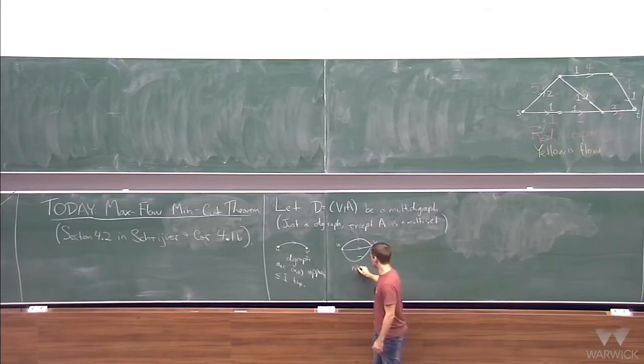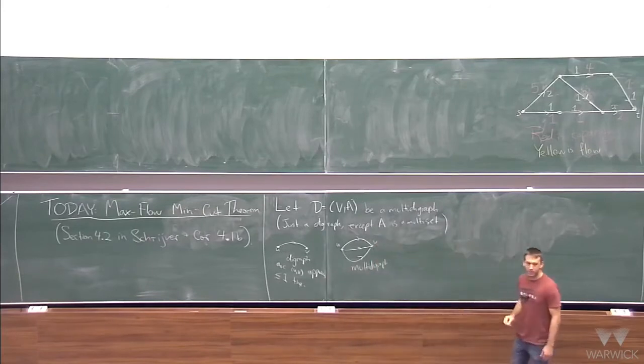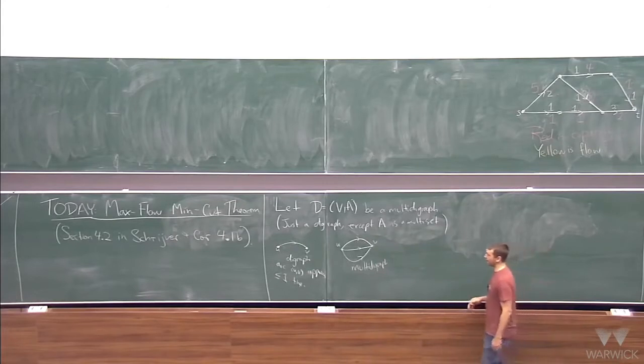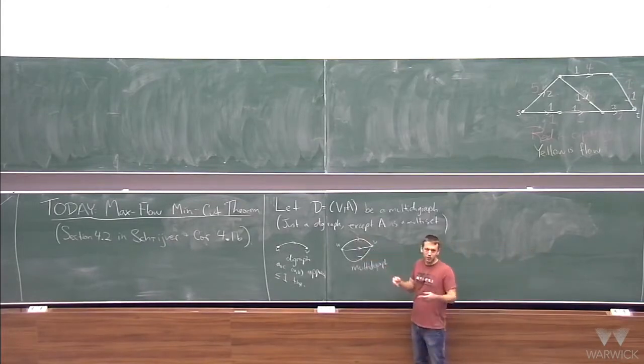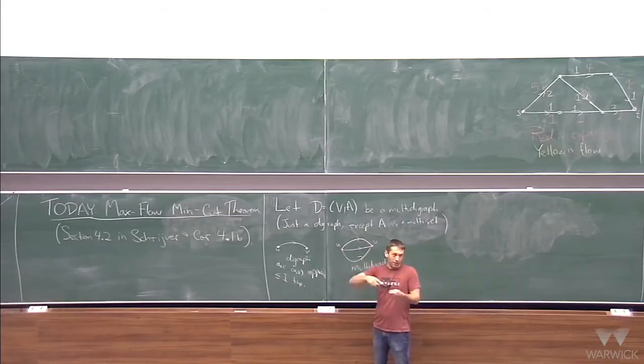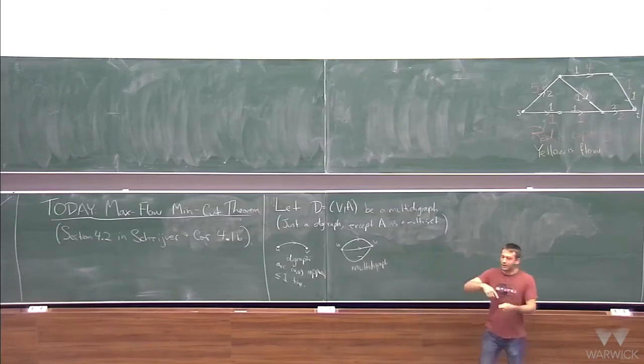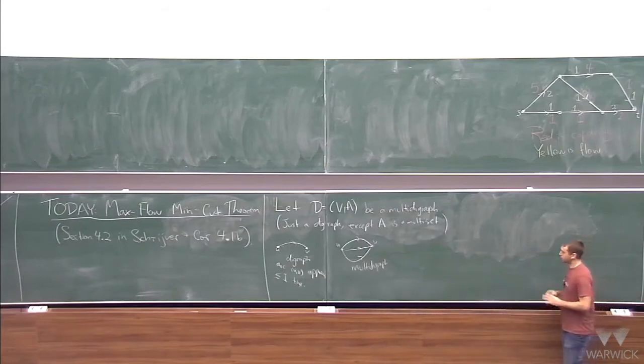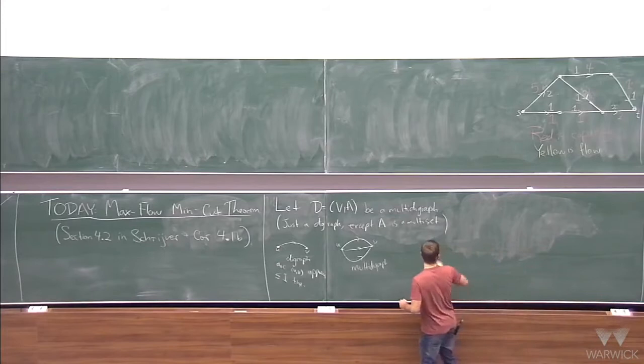It actually doesn't matter too much for this problem, but it's convenient to think about. It's like you have two cities in this network, and there could be three completely different roads between them, which don't go to any other cities. Okay, so this is just the beginning of the setup.